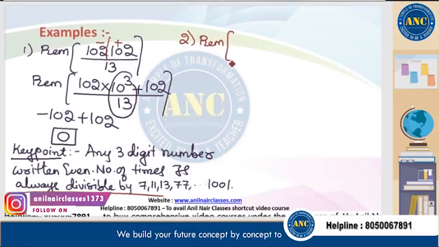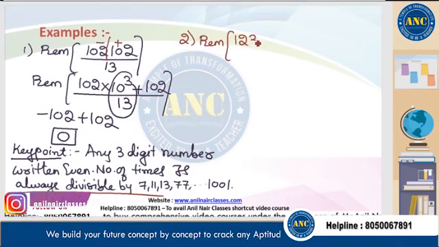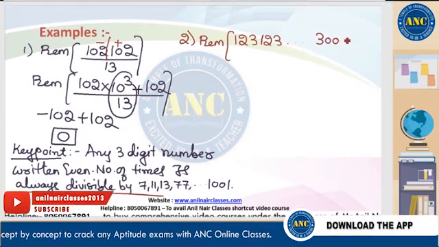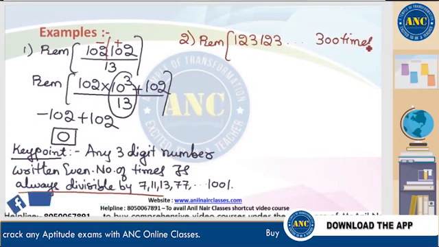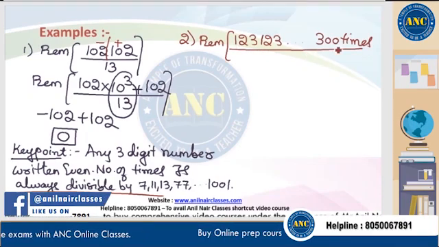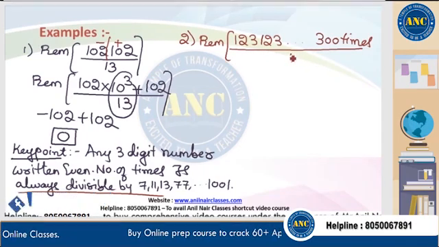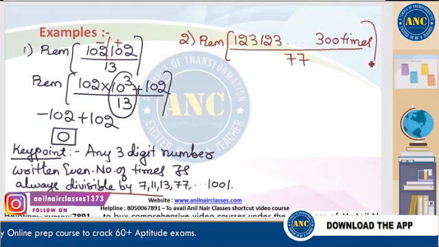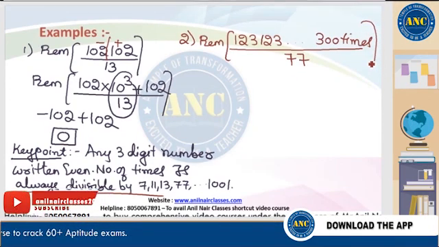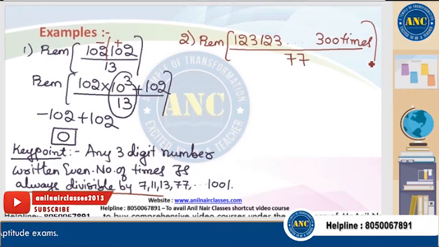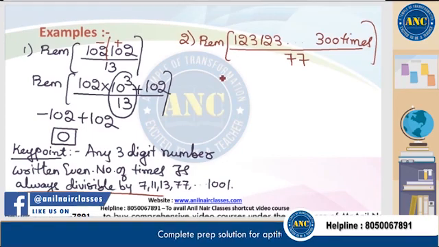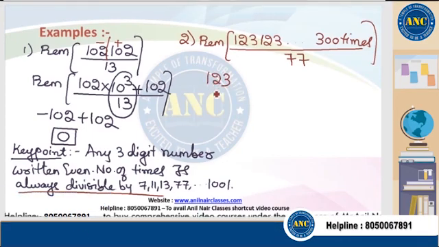Next example: 1, 2, 3, 1, 2, 3, 1, 2, 3 written 300 times, divided by 77. If you listen carefully, 123 is a 3-digit number.